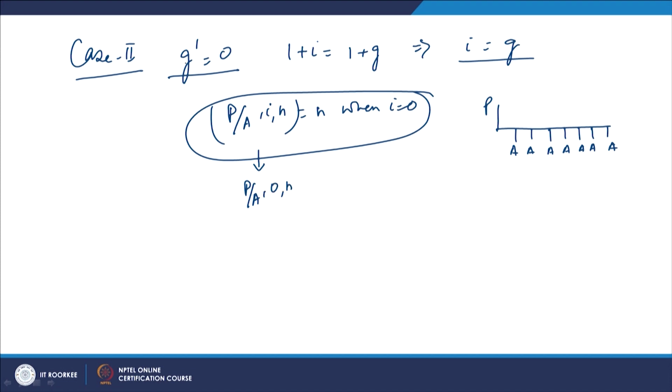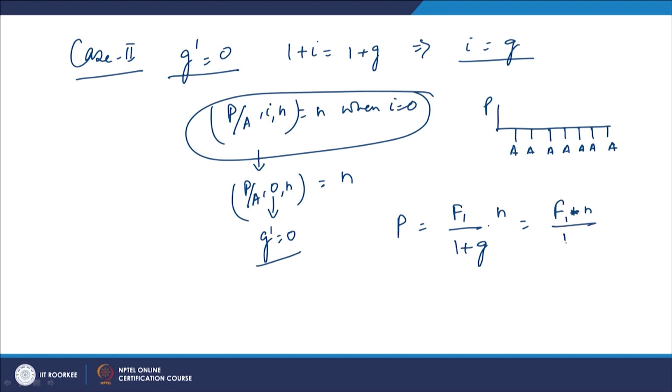Because we are calculating P by A, g prime, n, where g prime equals 0, this will be basically n. So what we get is the expression P equals F1 upon 1 plus g into P by A, g prime, n, and that will be n. So we are getting P equal to F1 into n divided by 1 plus g.